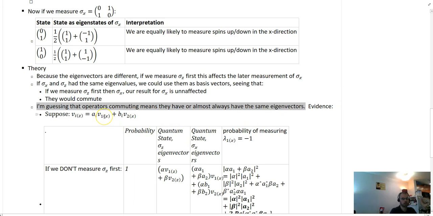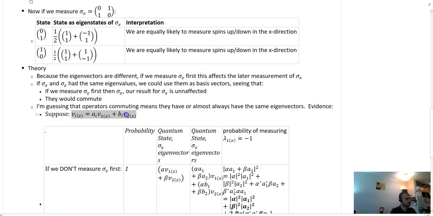But we'll go through an example which shows that if they can be measured at the same time, then they have to have the same eigenvectors, which means that they would commute.